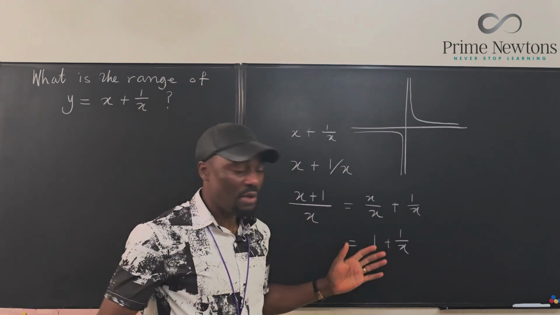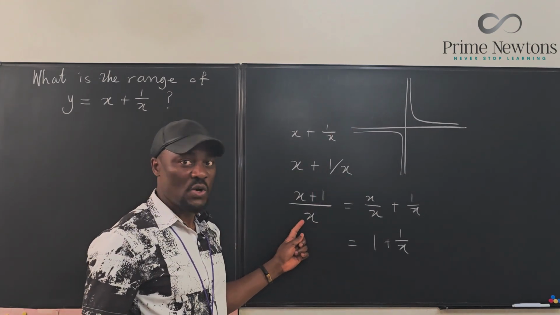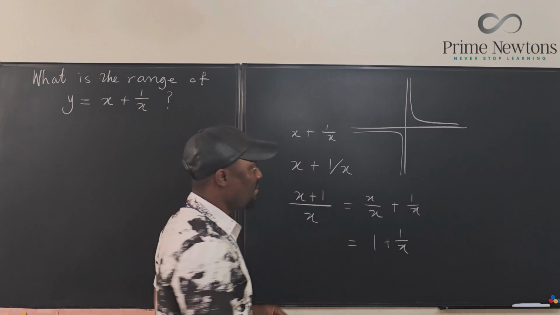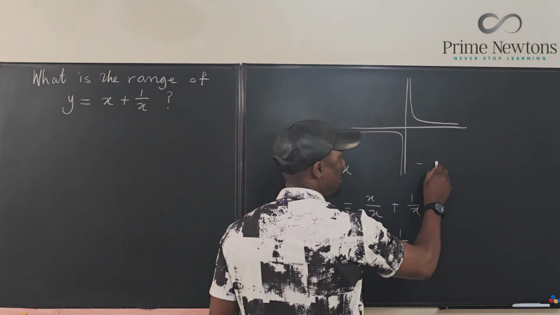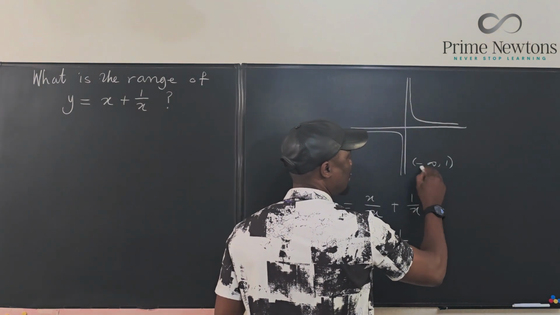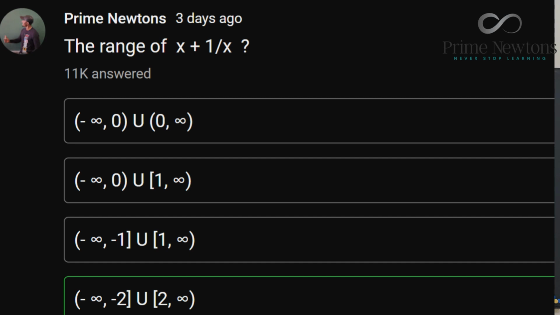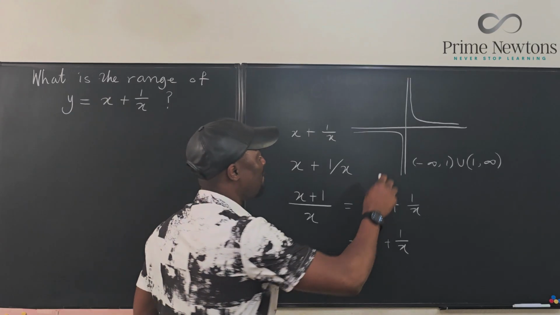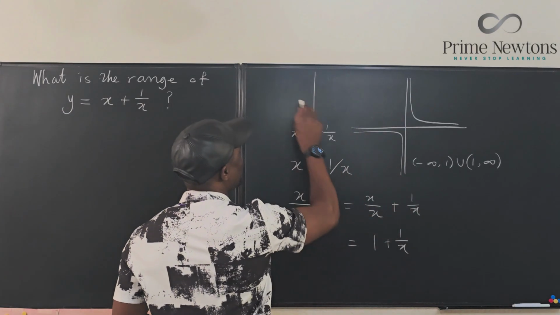So there is no option if this is what you were thinking. No correct option. Okay? Because the range would have been from -infinity to just before 1, union from 1 to infinity.